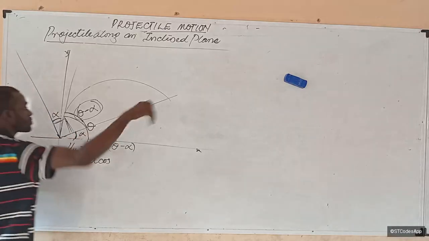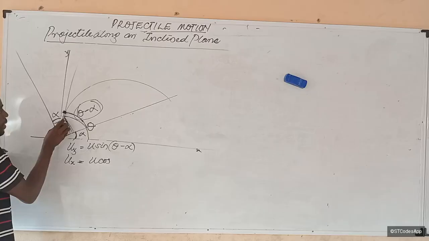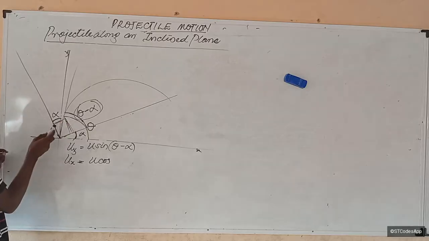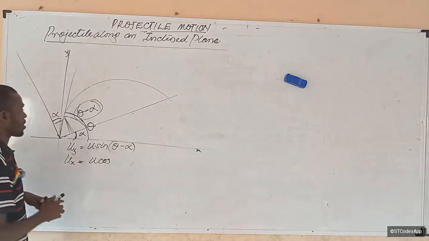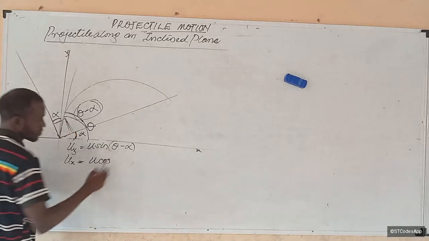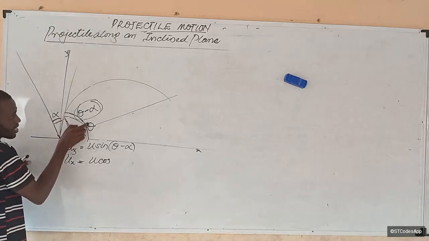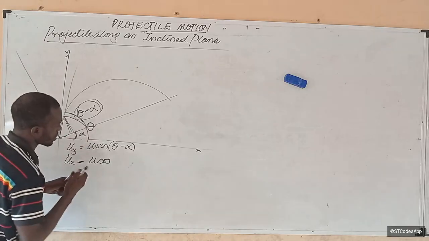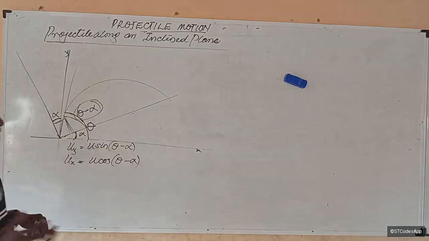So I'm opening up this angle, theta minus phi. Now this one, cos, I'm closing it down here, that will be cos theta minus phi. I hope it is clear.